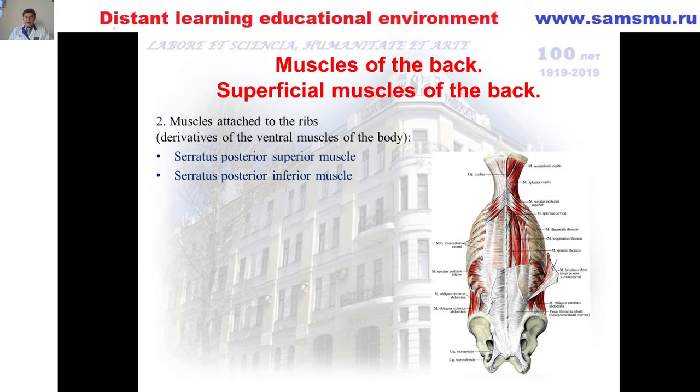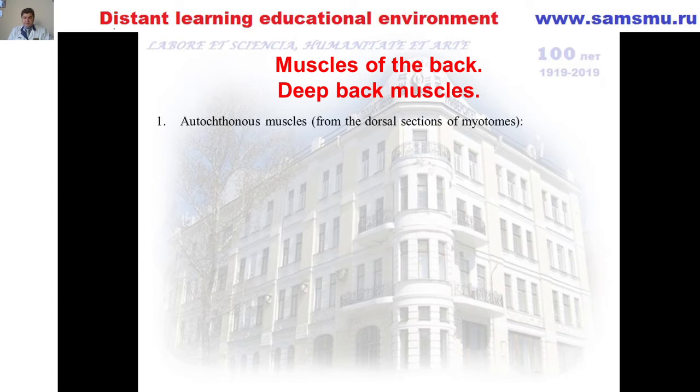So next we'll talk about deep back muscles. All of them are autochthonous muscles. The autochthonous muscles of the back form on each side two longitudinal, lateral and medial muscular tracts, which are lodged in the groove between the vertebral spinous and transverse processes and the angles of the ribs.